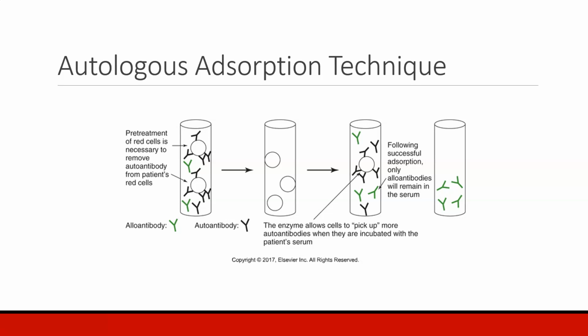So you take those cells with a fresh aliquot of patient serum and then you incubate. Following successful absorption, only the alloantibodies will remain in the serum because the autoantibody has an affinity for the patient's red cells. It's an autoantibody. So in that final tube, you see all that's left. This patient had not only an autoantibody, but they had an alloantibody.